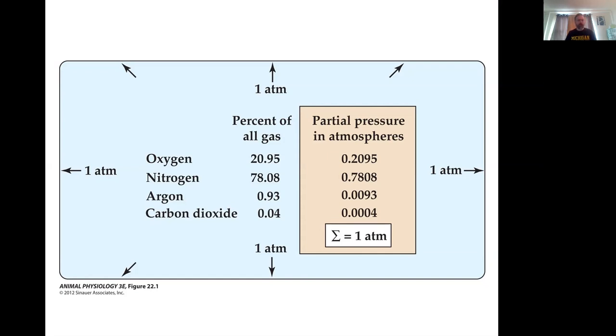In a gas, we rely on a couple of different gas laws, primarily Dalton's law of partial pressures. Basically, Dalton's law says that the pressure exerted by a gas is proportional to the percent of the overall total gas that particular gas makes up.